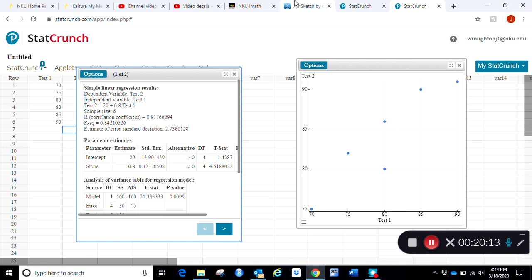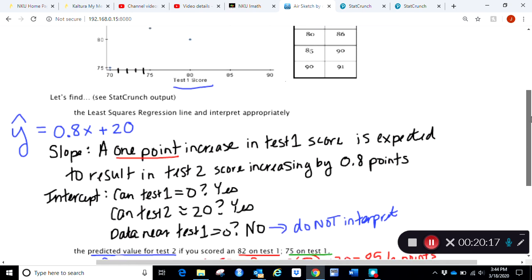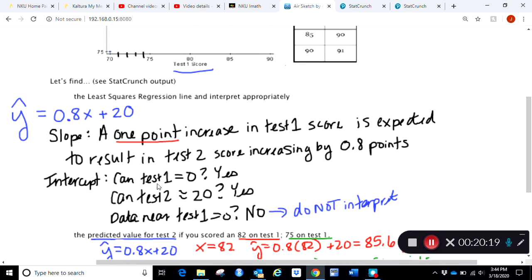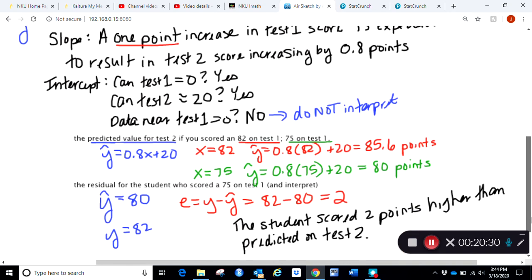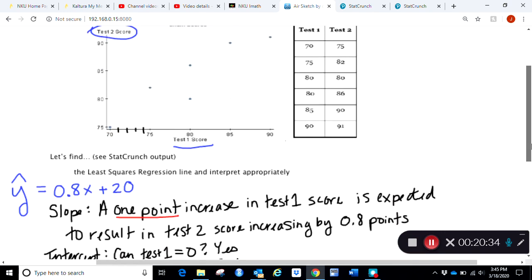Then, once you have that output in front of you, I want you to feel good about being able to interpret the slope and intercept. And notice that we don't always interpret the intercept. Then you can also find a predicted value that you could calculate and interpret a residual as well.